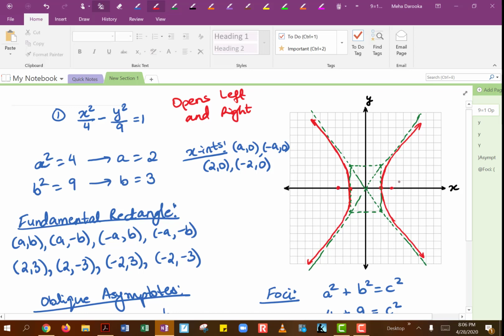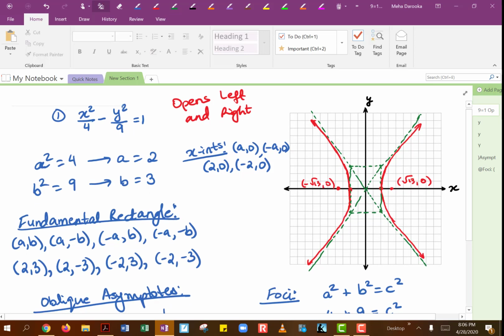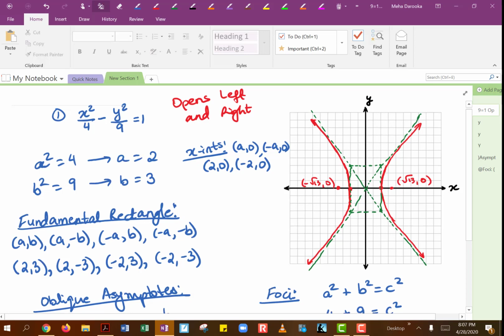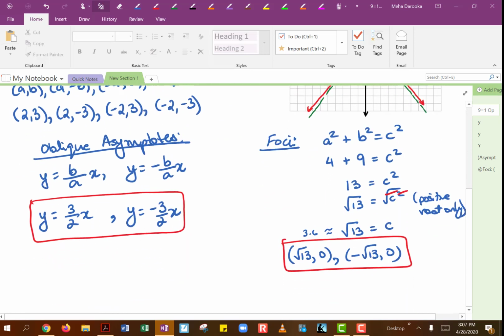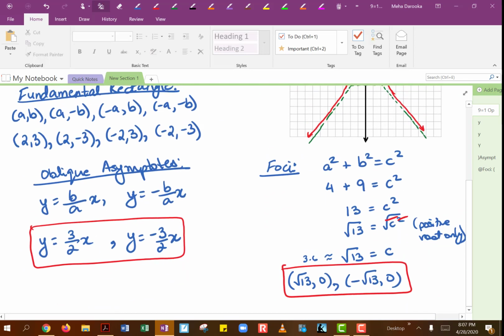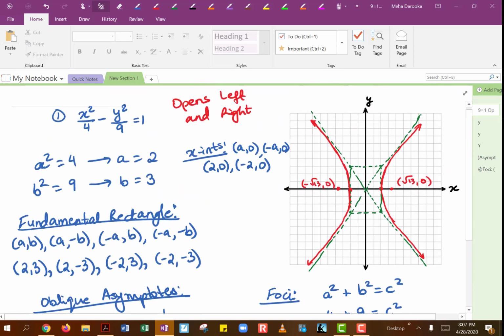So this is square root of 13, 0, and this is negative square root of 13, 0 for our foci. Okay, so as I was showing you here, the main thing is getting that fundamental rectangle, extending the diagonals to form your oblique asymptotes, get the equations for your oblique asymptotes, and then figure out what your foci coordinates are going to be, and then just plot them on your graph over here. Okay, so there we go. This was our example 1.